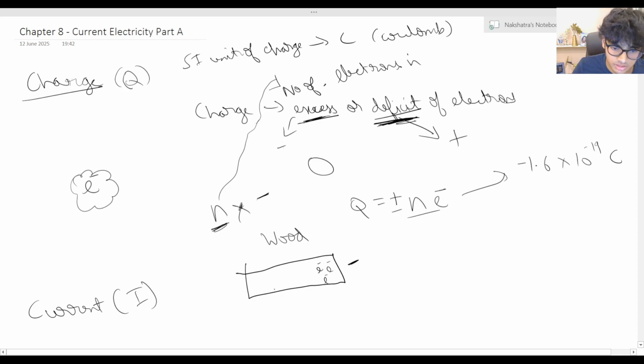But the only thing is, say that these are other positive particles, there are some electrons here, electrons here, electrons here. So we'll say that the charge of wood resides in this region where there is an excess of electrons.